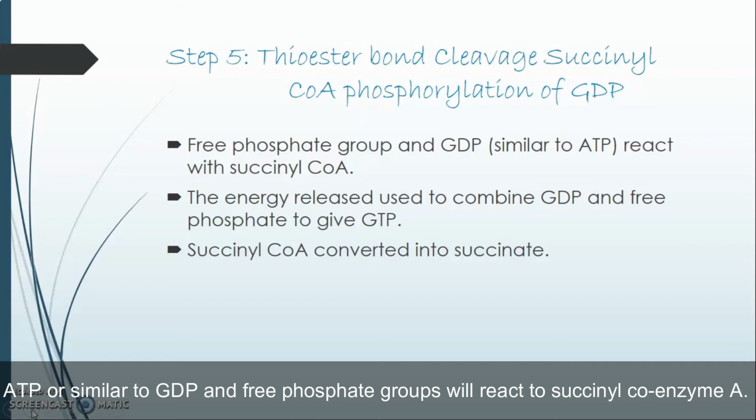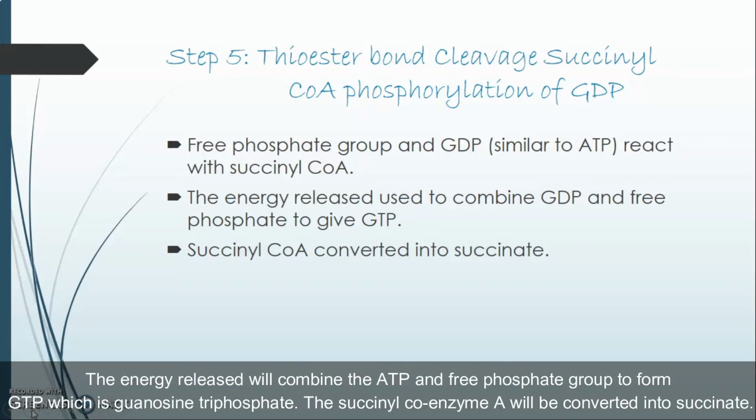GDP, similar to ADP, and a free phosphate group will react with succinyl coenzyme A. The energy released will combine the GDP and free phosphate group to form GTP, which is guanosine triphosphate. The succinyl coenzyme A will be converted into succinate.